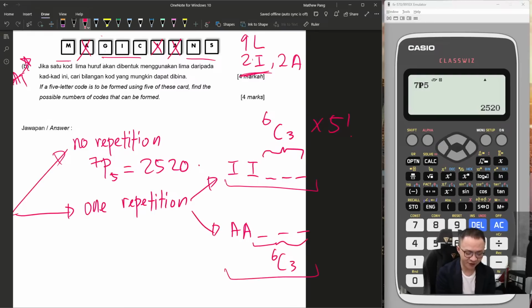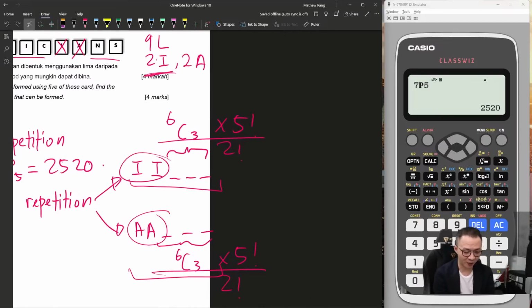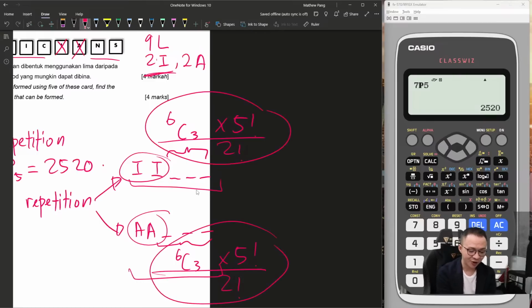Then I want to arrange 5 of them, and because of the repeat, the whole thing needs to be divided by 2 factorial. So I multiply 5 factorial and divide by 2 factorial for the double A. You realize they are the same, so I just need to find one of them and then multiply by 2.